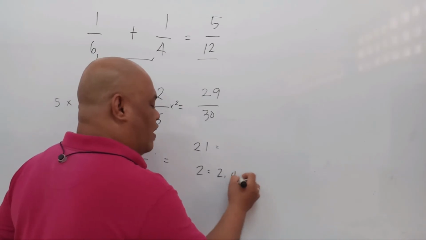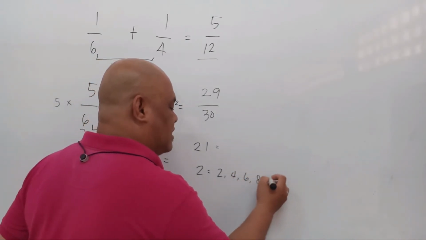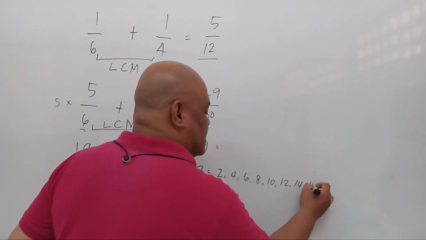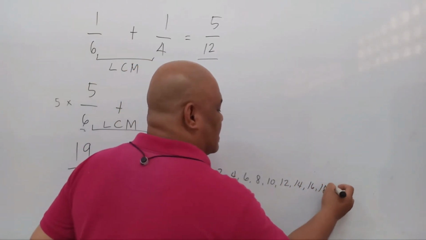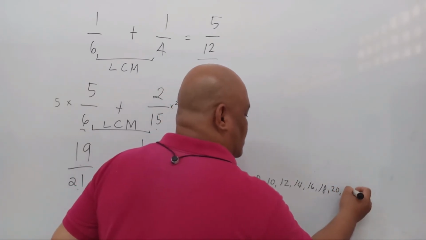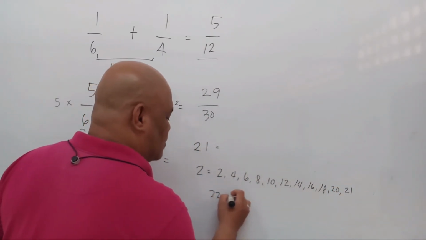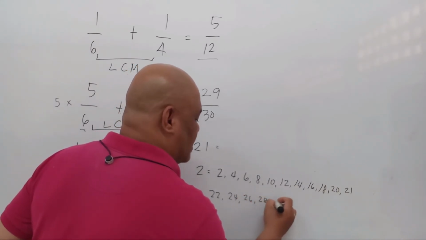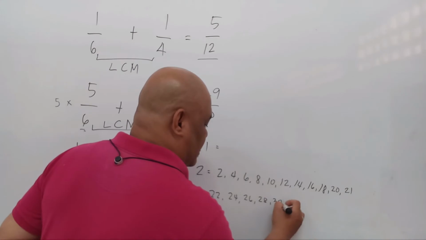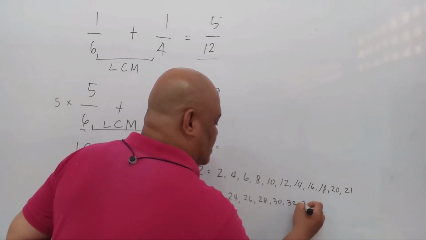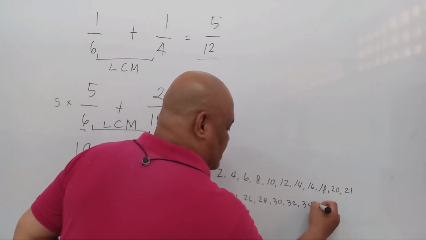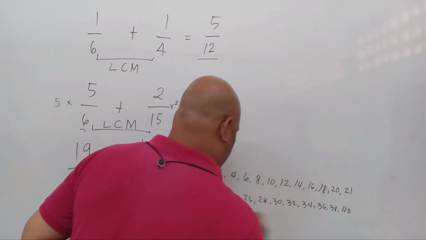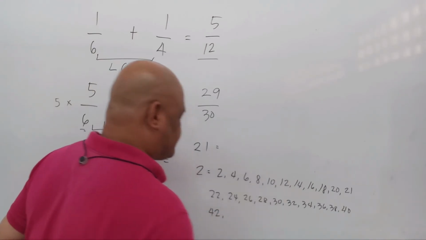2, 4, 6, 8, 10, 12, 14, 16, 18, 20, 22, 24, 26, 28, 30, 32, 34, 36, 38, 40, 42.